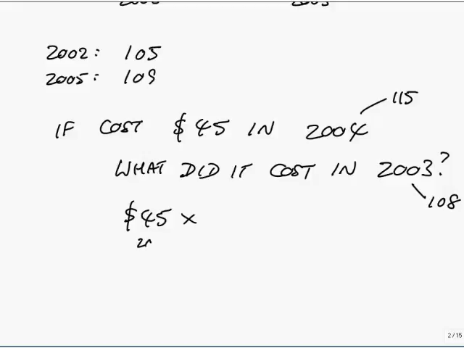But it was 45 in 2004. So 108 for every 115. In 2003, it would have cost... Is that what you said, 42.27? 26. Let's not argue over 1 cent, but yes, sorry. 42.26. Did we all get that? Or if we didn't, are we all happy?